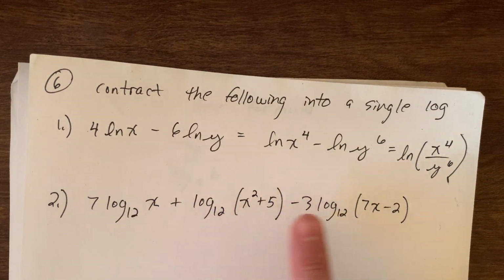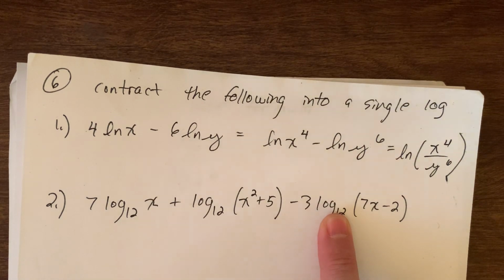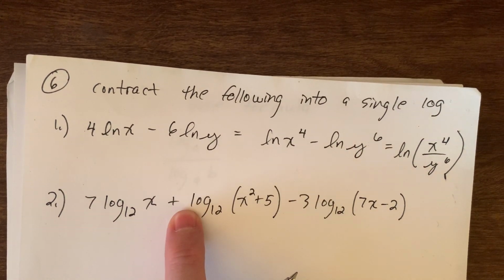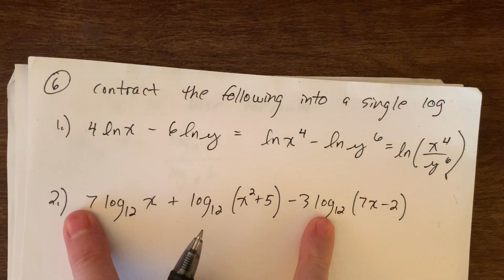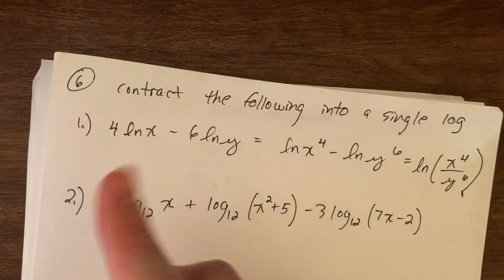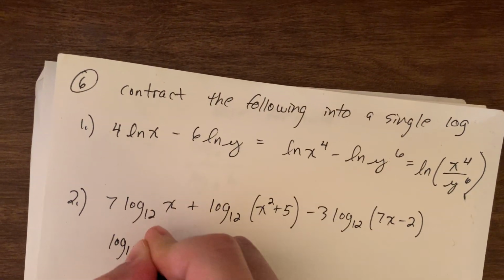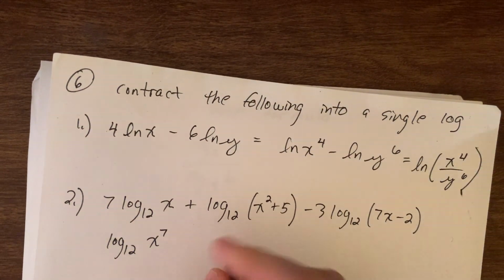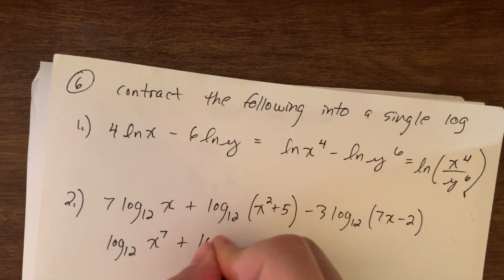Well, now we have 3 pieces in our logarithm. Doesn't matter. This one is a nice simple log, but these 2 are not. So let's start with these 2. Bring that inside. Log base 12, x to the 7th power. This one's fine. Leave it alone.